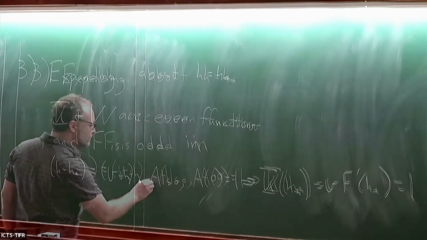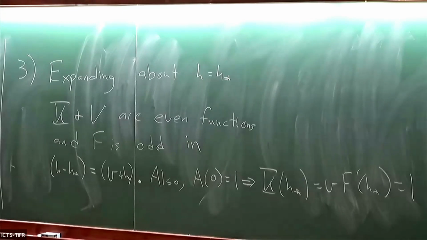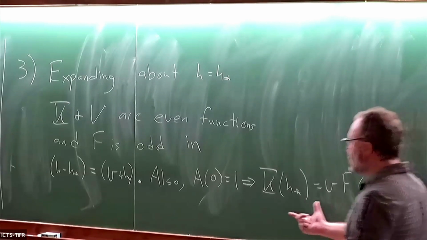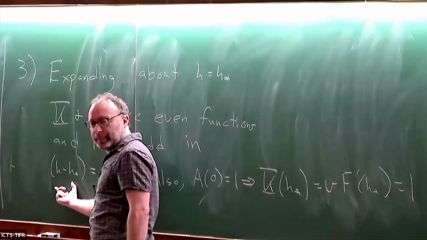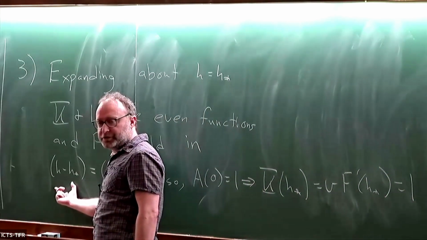So that's at h equals 0. Right? That's just saying that the first derivative of the potential at the minimum is 0. Right? Because that's little h. That's like saying big H equals V. When we do H minus H star it takes us back to the origin where electroweak symmetry is restored.